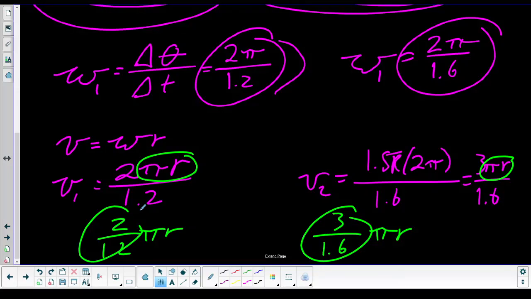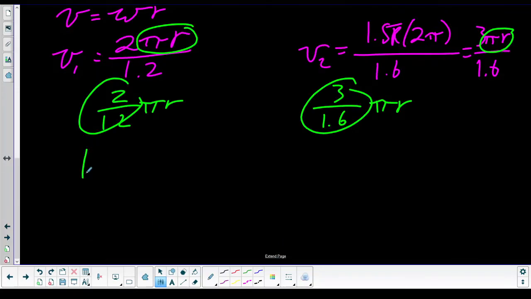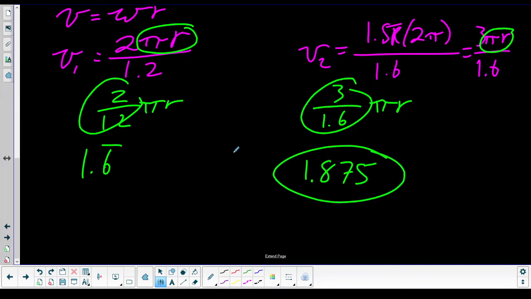So we have 2 divided by 1.2. That's 1.6 repeating for our coefficient. Then we'll do 3 divided by 1.6. That's 1.875. So because this one has a bigger leading coefficient, we would say that this one has a larger velocity.